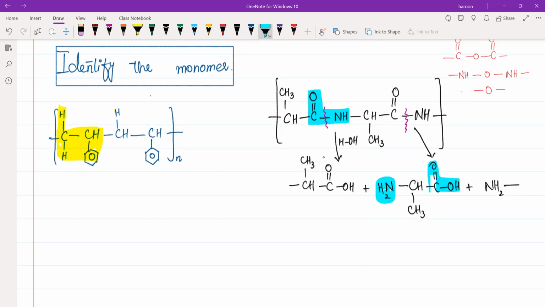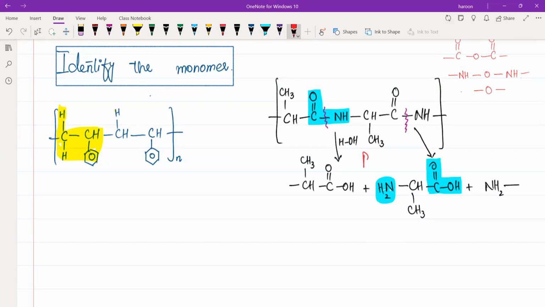Can you tell me where amino acids are used? To make proteins. Yes. So it's actually a peptide linkage. All right.